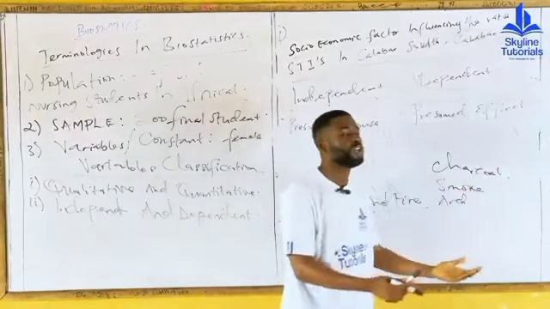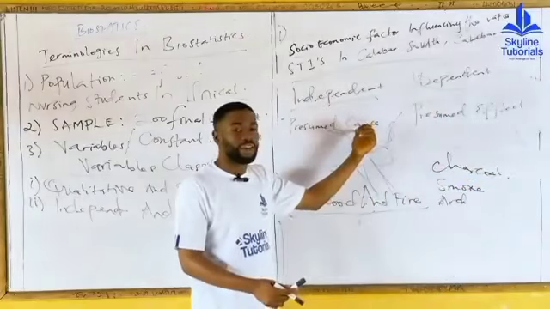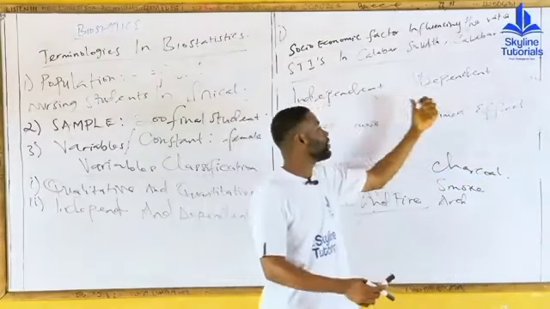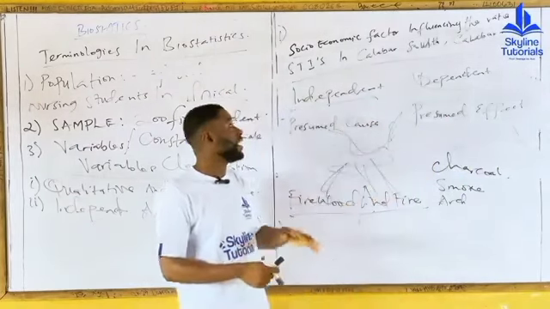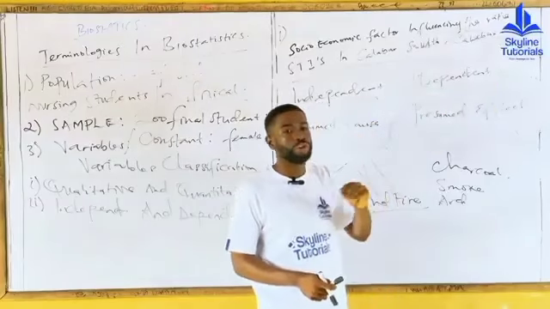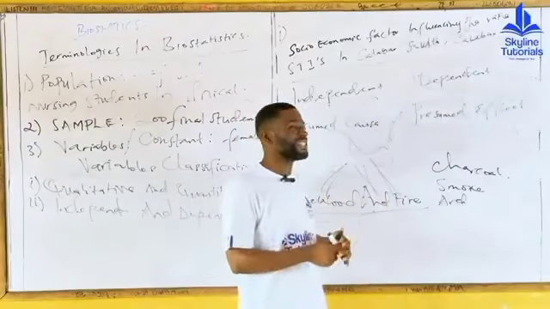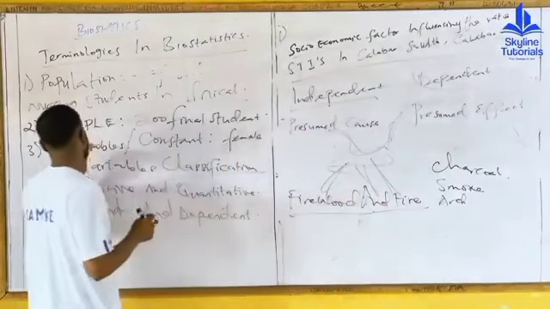The word dependent simply means rely. So the effect relies on the cause. There cannot be an effect without a cause. That is why it is termed an independent and dependent variable. And of course, you should still take note of the fact that there must be variation, since we are talking about variables.